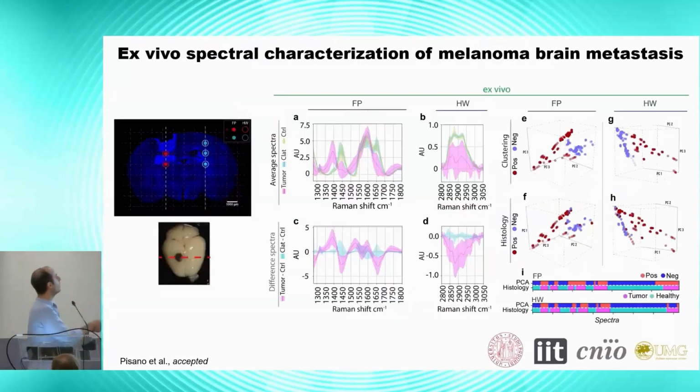Another interesting example is the use in the spectral characterization of tumor formation, for example, melanoma brain metastasis, where you can see that if you measure in the metastasis or in healthy tissue, you have different spectral signatures, for example, the presence of melanin or a diminishment in the lipid band and in the protein band, that has very good diagnostic accuracy.